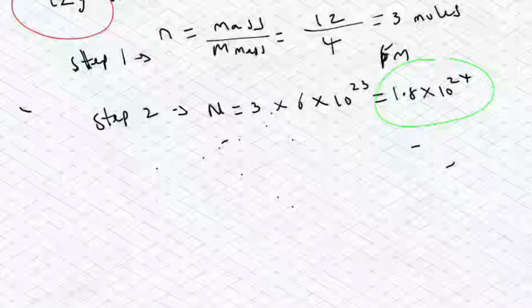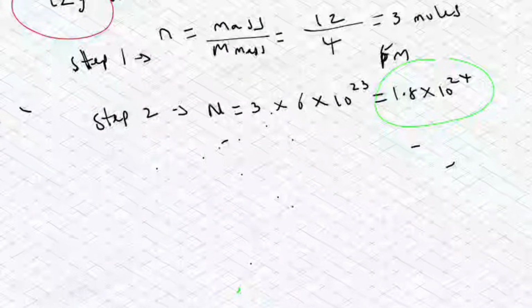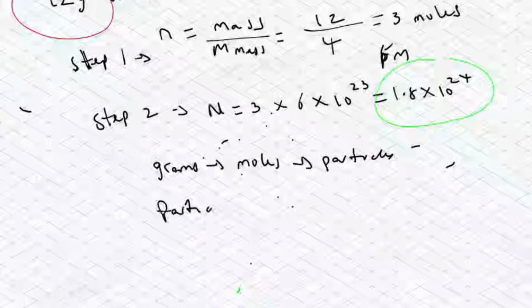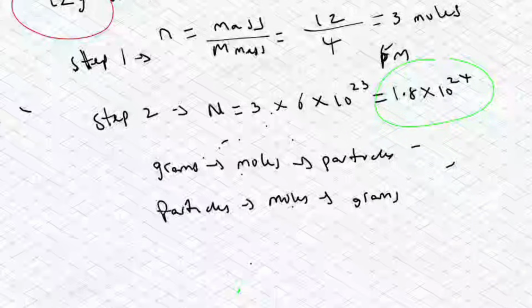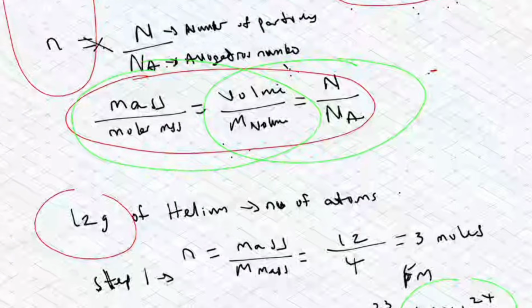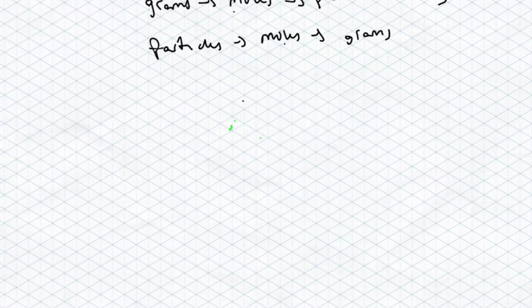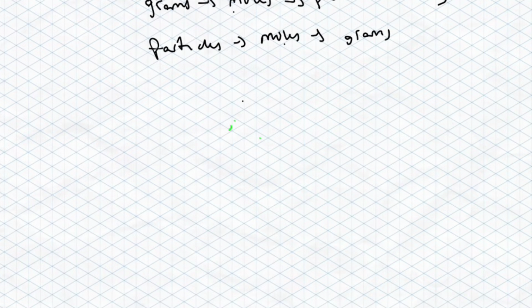Then we can always move like this, maybe from grams to moles to particles, or even from particles to moles to grams, and all of that. You can easily switch from volume and all of that. Once you know how to use these formulas and you know when to multiply and when to divide, you are not going to have any problem. So remember the three formulas I gave you.